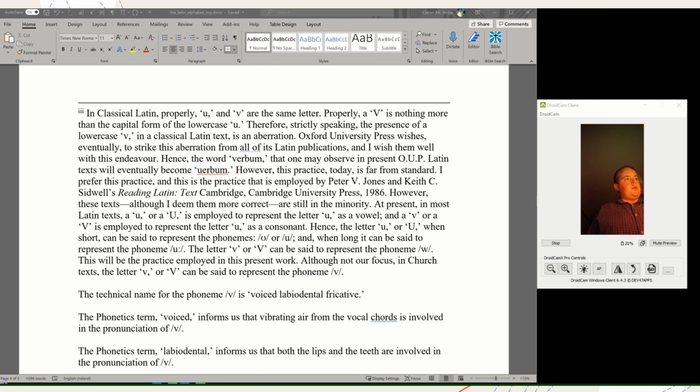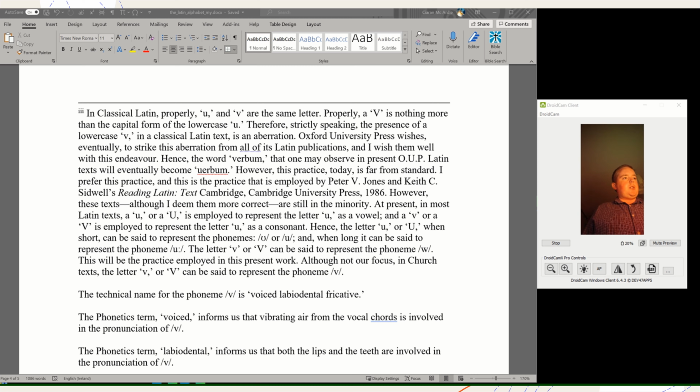I wish them well with this endeavour. Hence the word verbum that one may observe in present OUP Latin texts will eventually become uerbum.